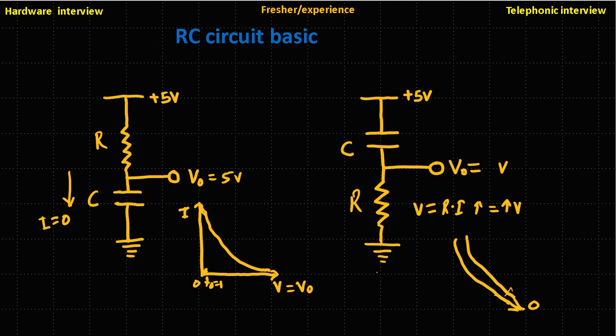And when there is no current across the resistance, there is no voltage. So after some time here will be a ground point when the capacitor is fully charged.